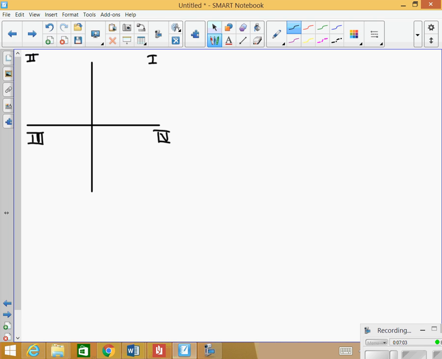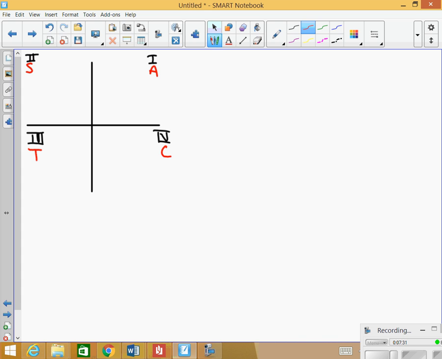Our CAST rule goes like this. In quadrant 1, all of our trig ratios are positive. In quadrant 2, only the sine ratio is positive. In quadrant 3, the tangent ratio is positive. In quadrant 4, the cosine is positive. We call it the CAST rule because it spells out C-A-S-T.